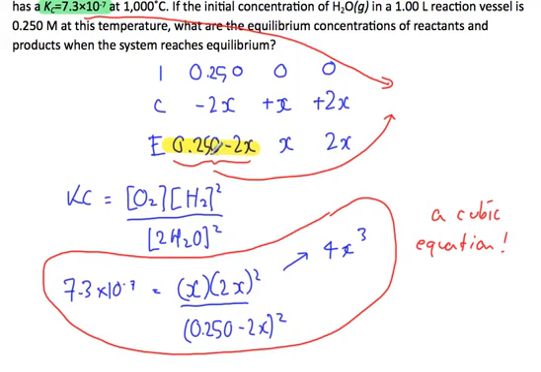So that's, relatively speaking, a high concentration, 0.250 moles per liter. And it's going to change, but that change is going to be really, really small. And so in terms of sig figs, in terms of percent difference, that minus 2x term is going to be pretty inconsequential. And so that forms the basis for our assumption. And so we're going to carry on and make our assumption.